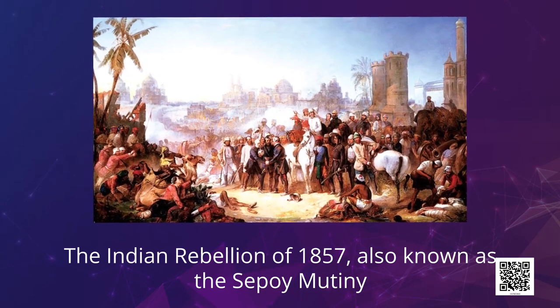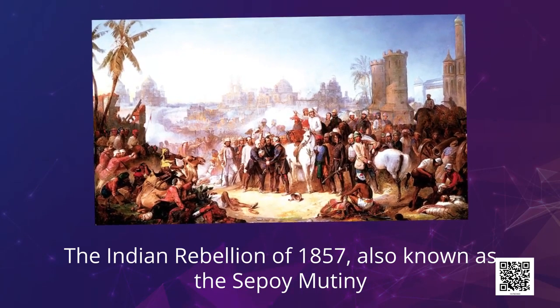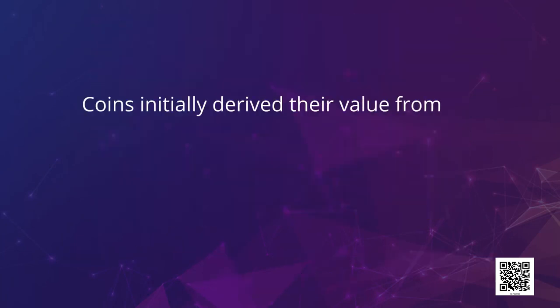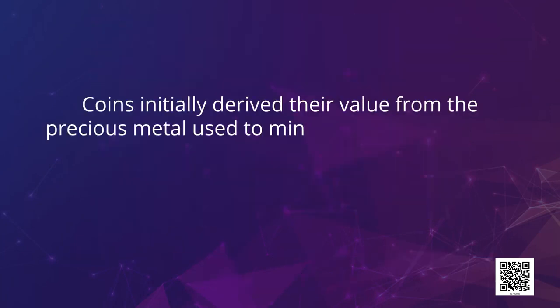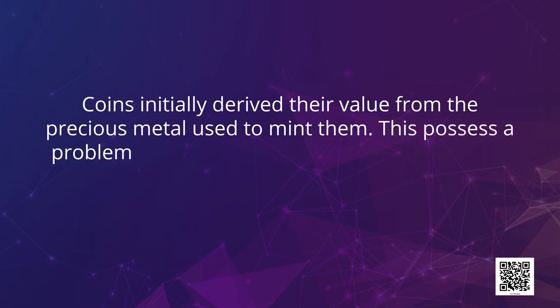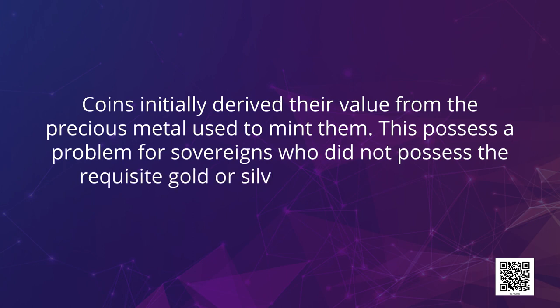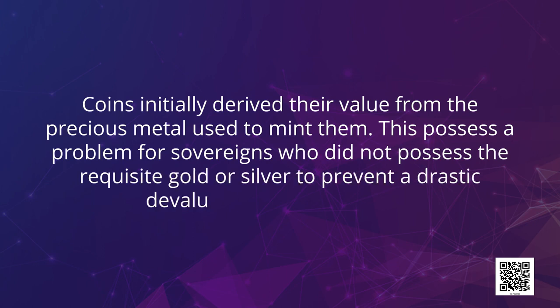colonial India. So, when cash was crowned the king, coins initially derived their value from the precious metal used to mint them. This posed a problem for the sovereigns who did not possess the requisite gold or silver to prevent a drastic devaluation of their currency.